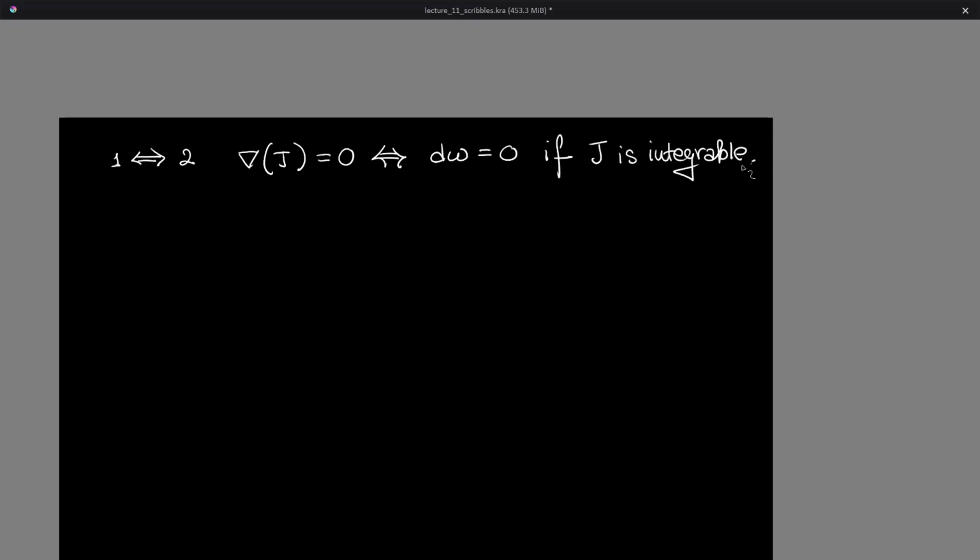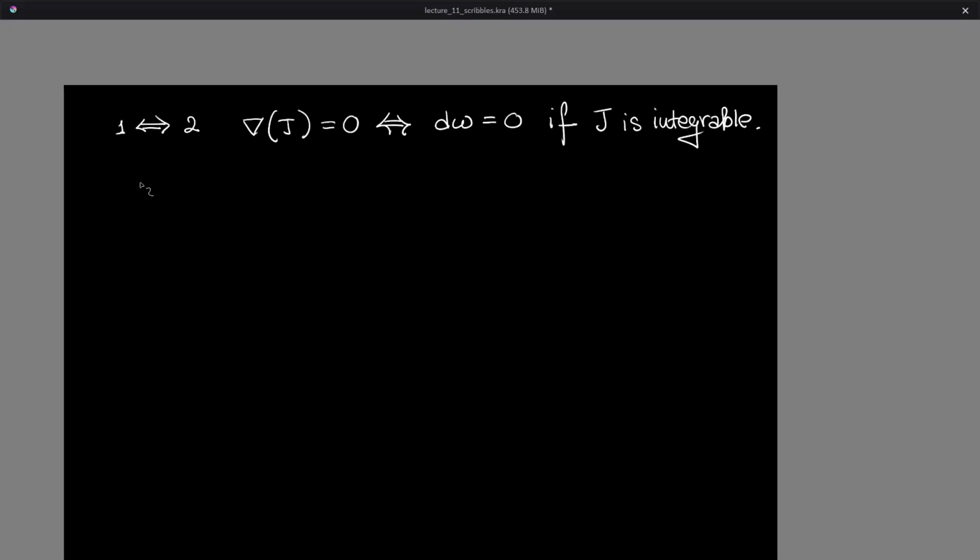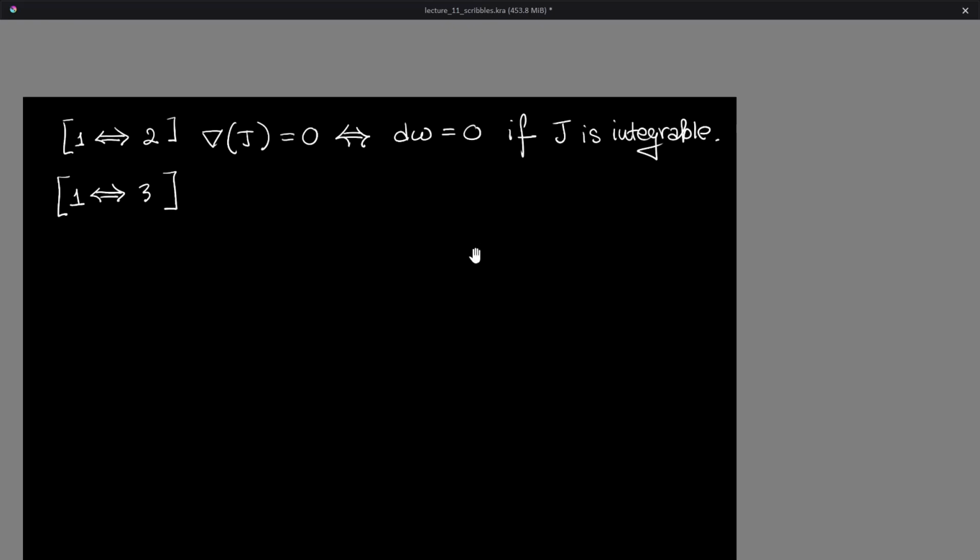Again, the proof for this is out of scope, but that's why 1 and 2 are equivalent. 1 and 3 are equivalent also.